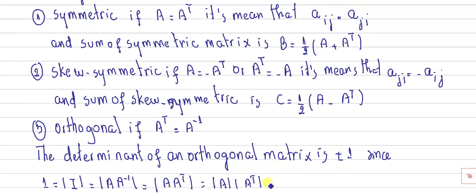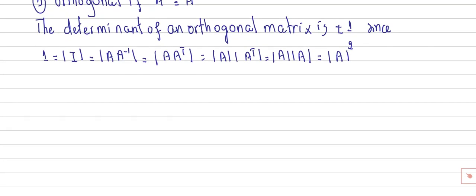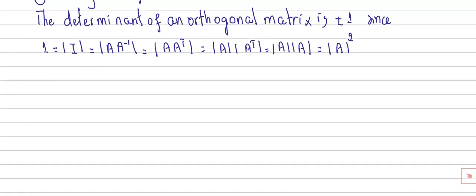Because determinant of A and determinant of A transpose are equal, I can write determinant of A multiplied with determinant of A, so determinant of A squared. At this point we can use the properties of determinant.